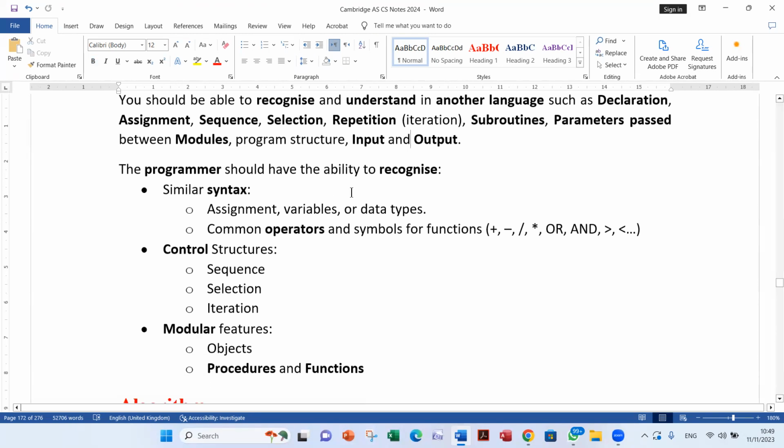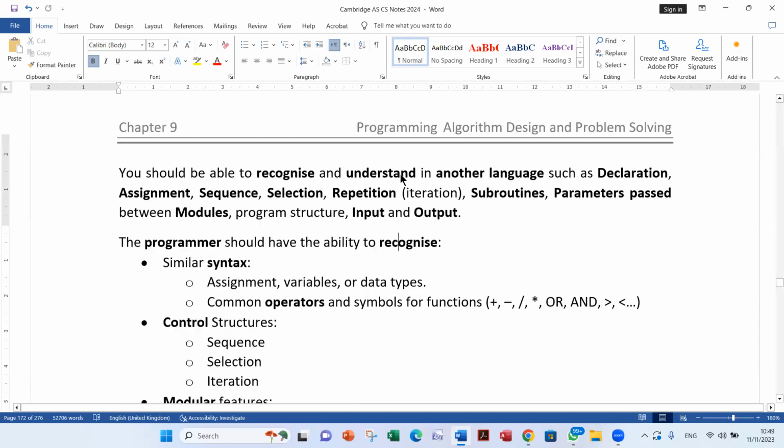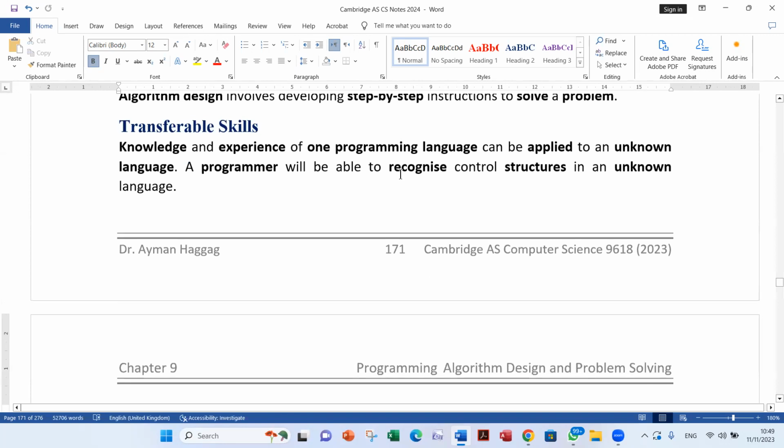The programmer should have the ability to recognize. Please notice that this is an answer to a question in the past paper. And this is the way I teach: I keep my notes loaded with questions and answers from the past paper. Once in the exam, they asked what is meant by transferable skills.